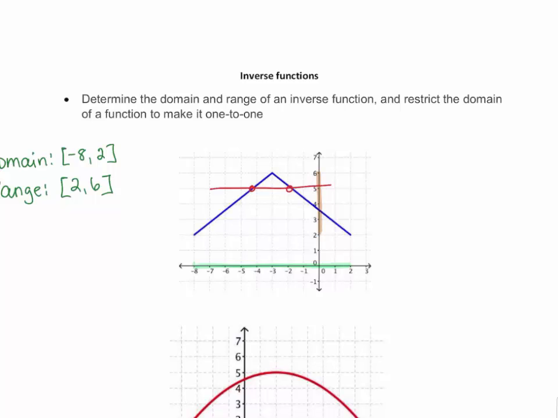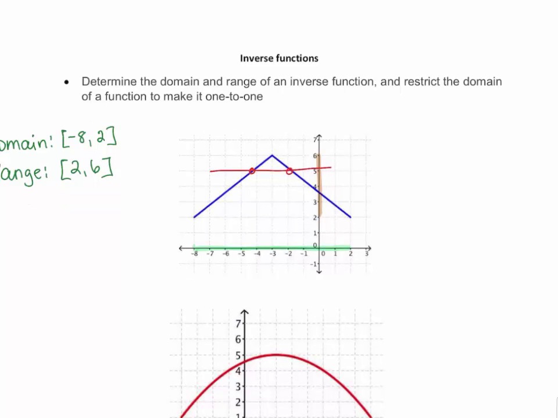However, if we restrict the domain of this function to 2 different intervals, we can have a function that's one-to-one, and thus we can find the inverse. So split up your domain into 2 intervals, such that if you restrict it to one half or the other, you have a graph that passes the horizontal line test.